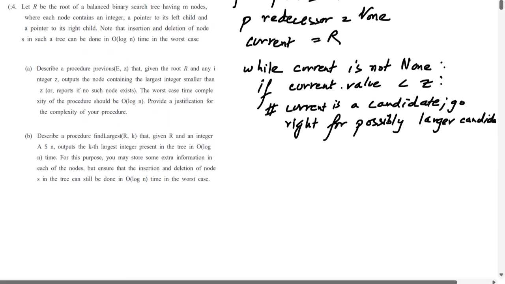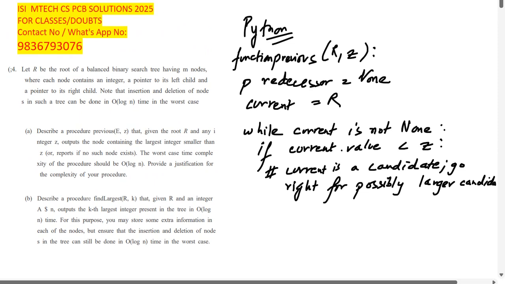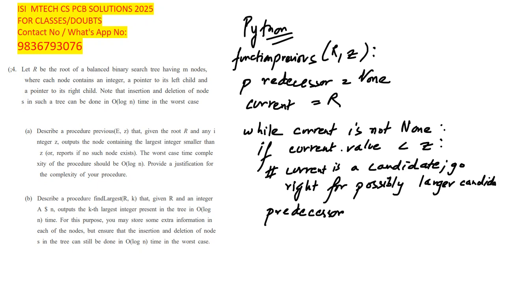Okay, so go right for a possibly larger candidate, then predecessor is current and current will be current.right.